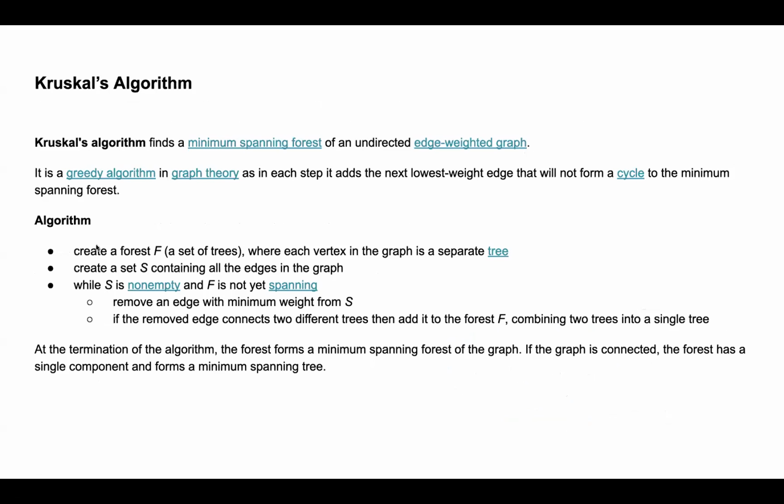What is the algorithm there? Create a forest F, a set of trees where each vertex in the graph is a separate tree. Create a set S containing all edges in the graph.